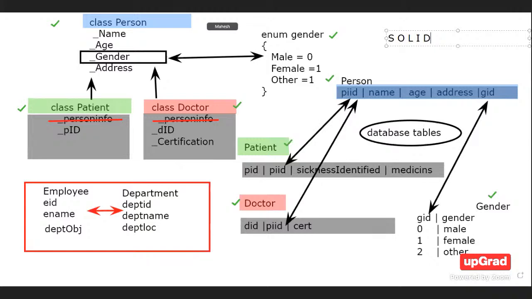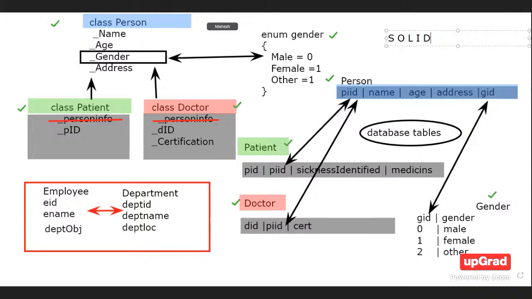If I go with the single responsibility principle, the first one, it simply says a class should have a single responsibility. As I said last time, single responsibility doesn't mean a single function. It means logically it should be a single responsibility. So if there is an employee, the employee should do what an employee does.